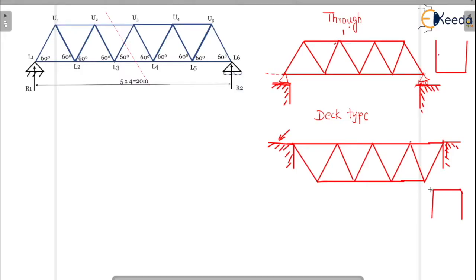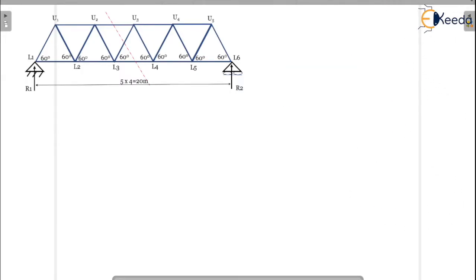Hence the members of the bridge trusses are subjected only to axial forces. Now in this chapter, we are going to find the influence line diagram, so that for various moving loads, design forces in the members can be found. Here we are going to start with this particular problem.